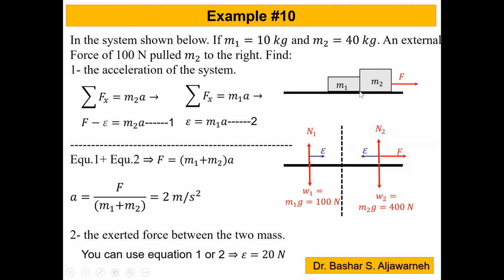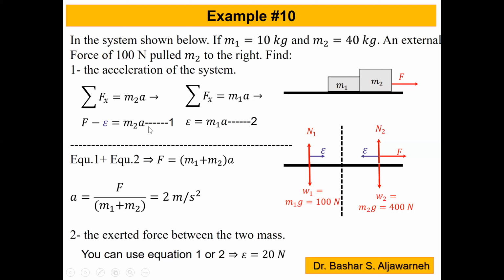To calculate the acceleration, same procedure. I will start with the first mass: summation Fx equals m1a, and I have only this force along the x-axis. So E equals m1a. The second equation is F minus E equals m2a.